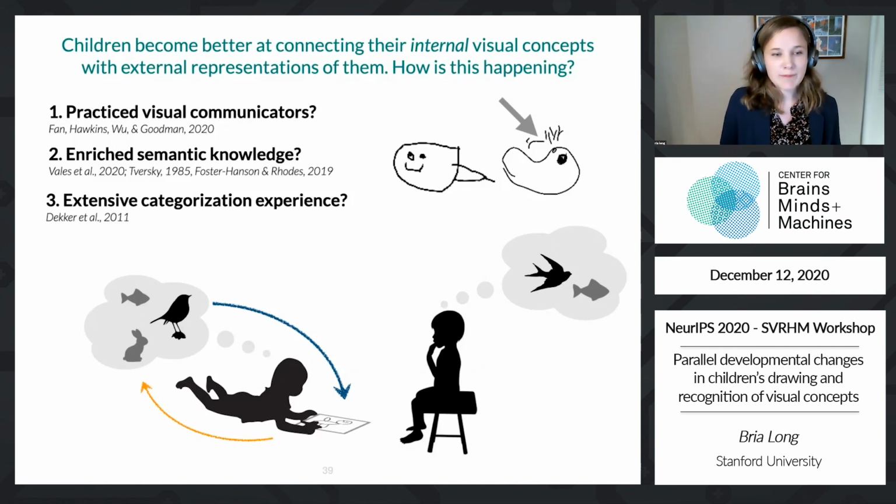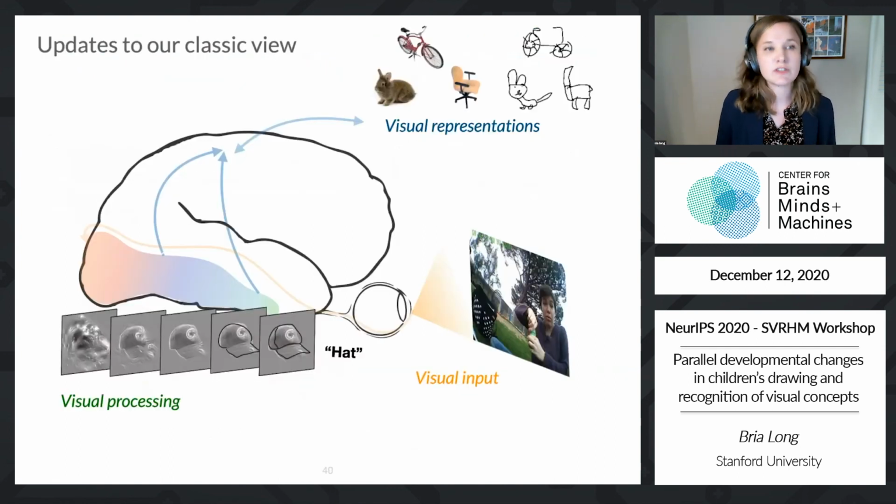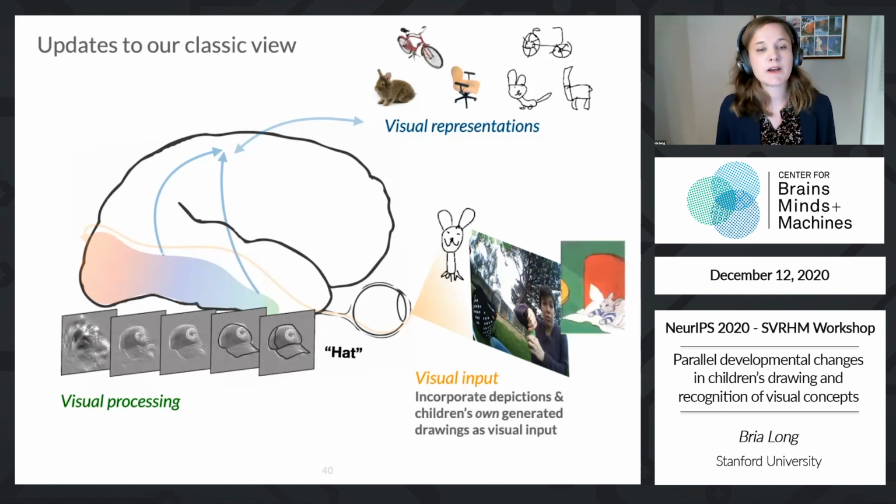Nonetheless, I think that when we step back, we still have some updates to our view of visual concept learning. First, I think we need to take seriously depictions as a source of visual input to our models and our theories of visual recognition. Our knowledge about drawings and shape parts are deeply ingrained in our representations, and children have experienced not only seeing depictions, but also producing them throughout childhood.